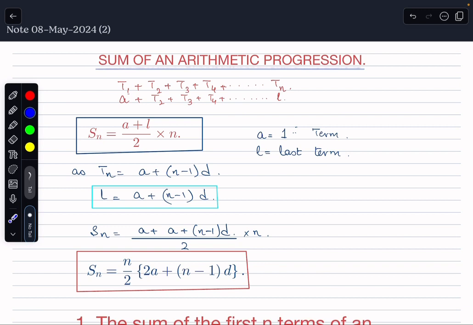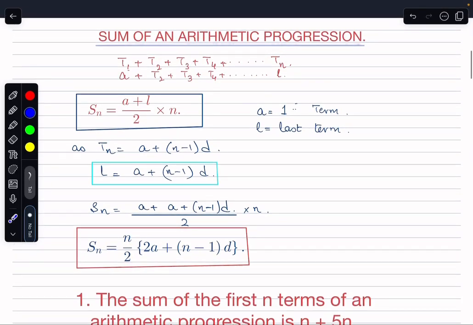The term formula is Tn equals A plus n minus 1 times D. For the last term, L equals A plus n minus 1 times D. I can substitute this L, which is expressed in terms of A, n, and D. Then Sn equals A plus L, substituted by A plus n minus 1 times D, divided by 2 times n.